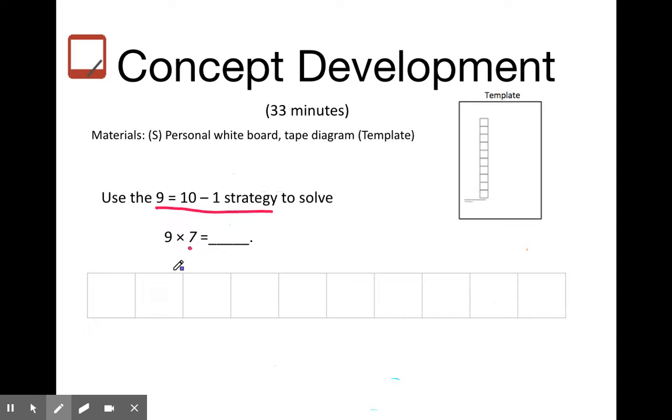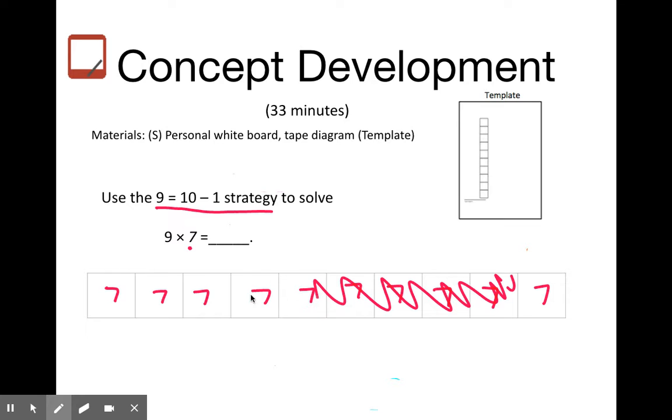This time we have 9 times 7. We still have our template, the tens frame. So this time we're going to make each of our boxes worth 7. Okay, so 9 times 7 would be all of these shaded boxes right here. All right, that's 9 times 7. But my whole strip is actually 10 sevens.